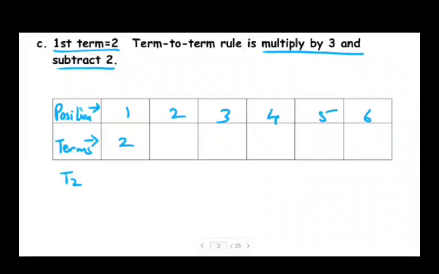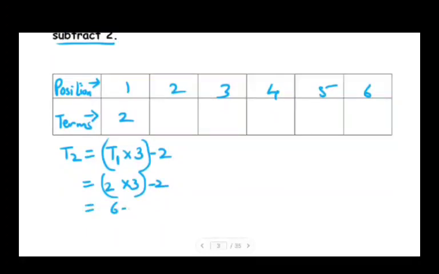So my second term will be derived by this term to term rule, where I'm going to multiply term 1 into 3 and the whole thing will be subtracted by 2. So term 1 is 2 into 3 minus 2. 6 minus 2, 4. That's my term 2.